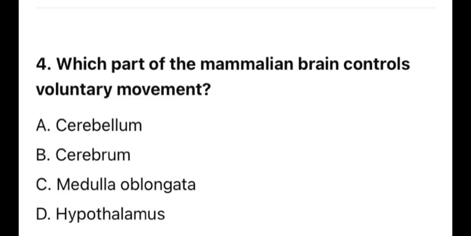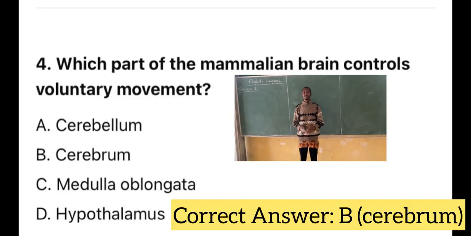A says cerebellum, B says cerebrum, C says medulla oblongata, and D says hypothalamus. The correct answer is the cerebrum. It is responsible for voluntary movement, thinking, memory and reasoning. Those are the functions of the cerebrum.